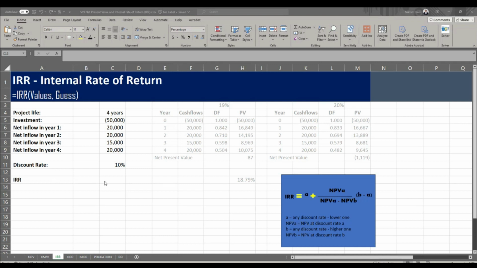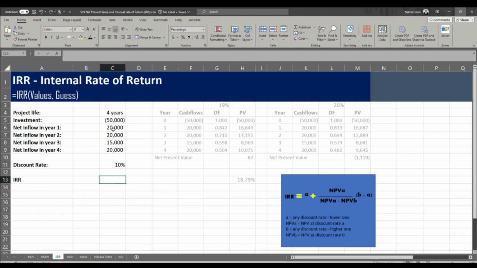So in simple words, it is nothing but the rate at which you are making money out of whatever investment you have done with respect to your project or your business. This is a simple formula in Excel. You start with equals to IRR. Values, you select all the values, including the investment and net all the incoming. And the guess, well, the scope of this class, we won't be using it.